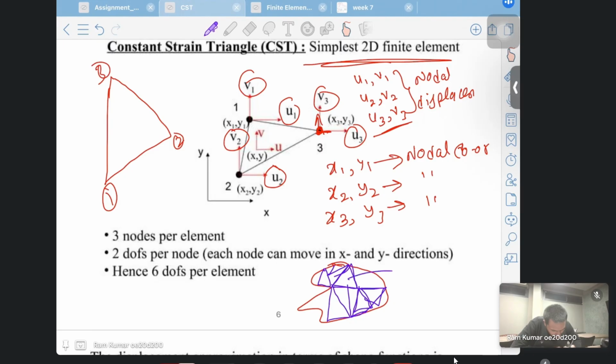So for all elements, the stiffness size will be 6 by 6. And after assembling, I don't know how many elements we will get, but for one element, we will have a 6 by 6 size.